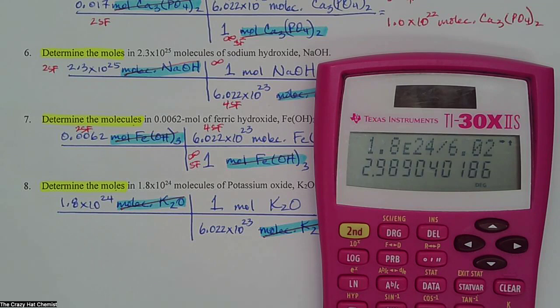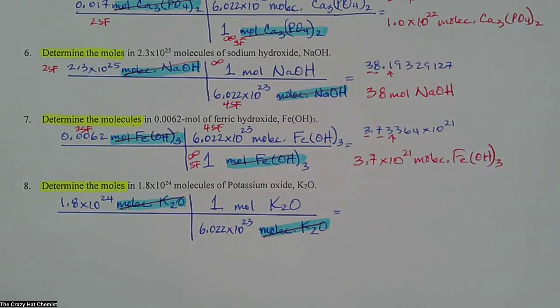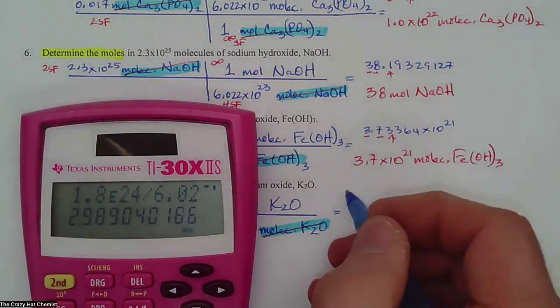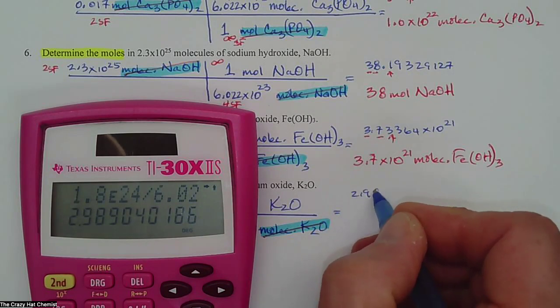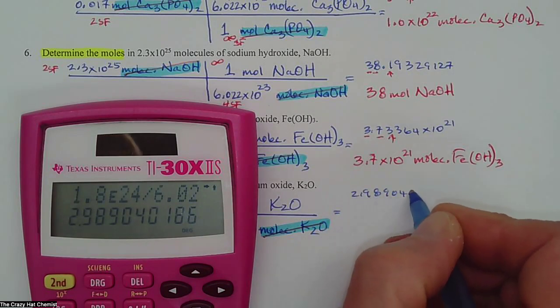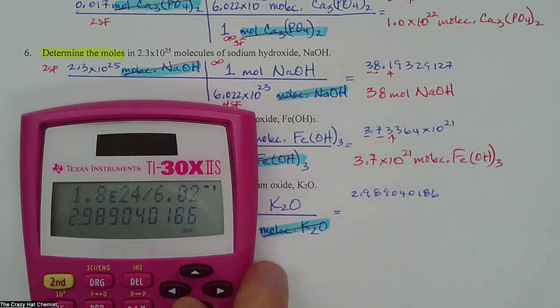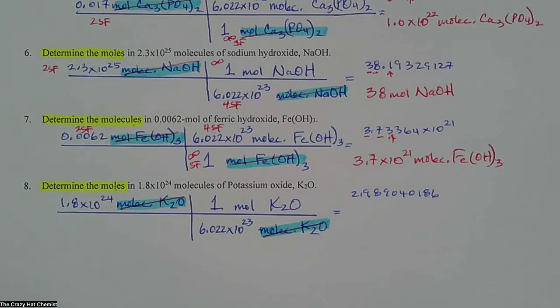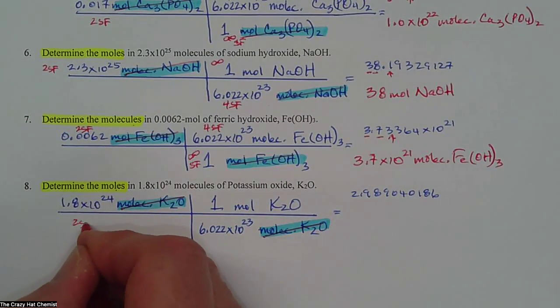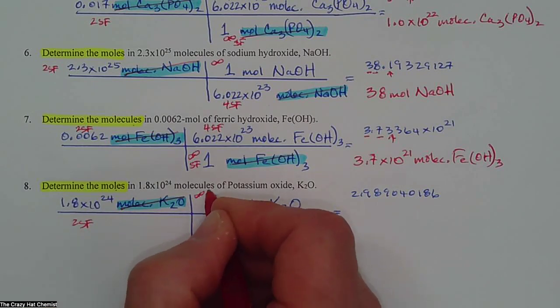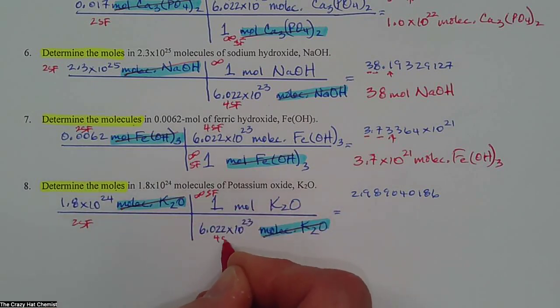It is equal to this number here, and we're going to write this down so that you can see this here. So 2.989040186. Okay, and this number here has two significant figures, an infinite number of significant figures, and four significant figures.